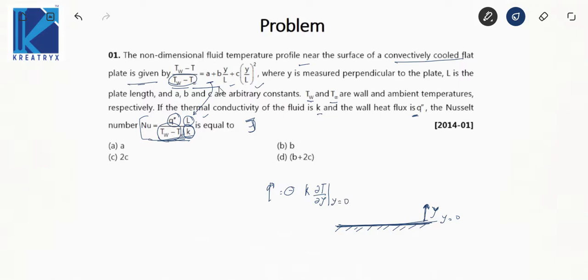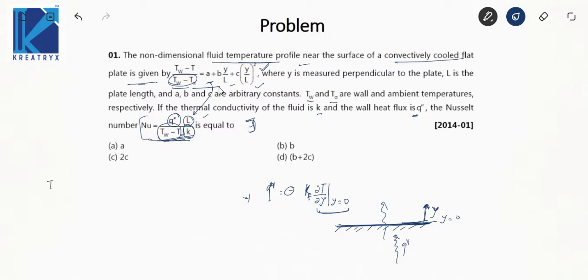Yes, I can say this, and this k will be k_f because we have been given the wall heat flux q double dash, and this will be dissipated here. At y equal to 0, q double dash will be equal to minus k_f del T by del y at y equal to 0, and the temperature profile has been given. So you have to find del T by del y at y equal to 0 from this equation. Let's solve this.